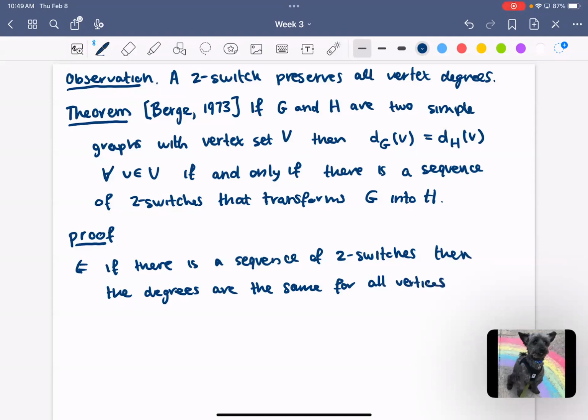And this is just by the observation that we already made, that doing a two switch preserves the vertex degree everywhere. Are we comfortable with this? Are there questions?